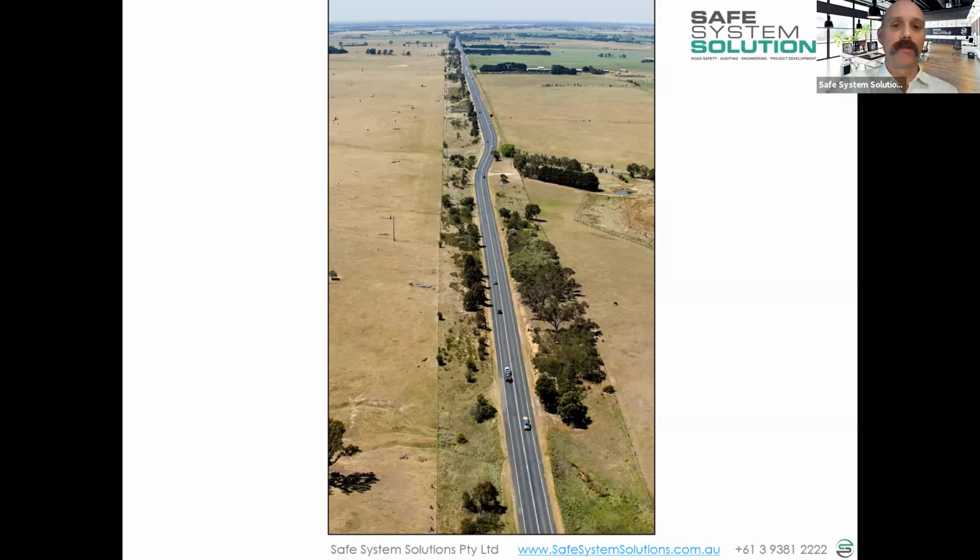It's obviously got some roadside with trees and the like. It's got the very occasional, very minor intersection. And it goes on for about 300 kilometers like this. What are the dominant crash types on this 100 kilometer per hour, one lane in each direction road? Just type it in.